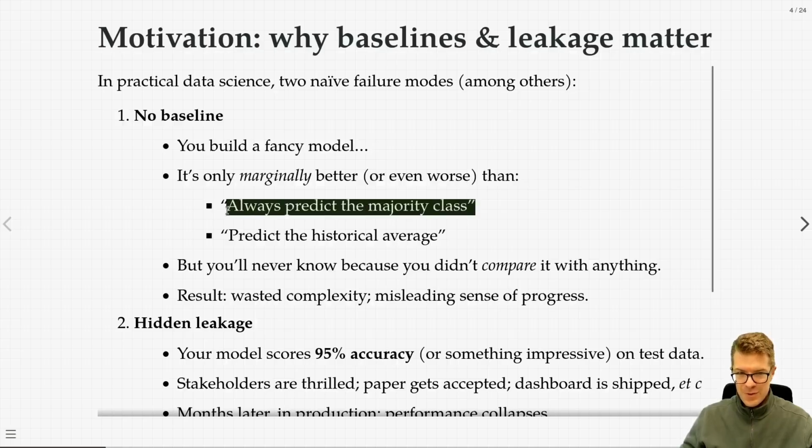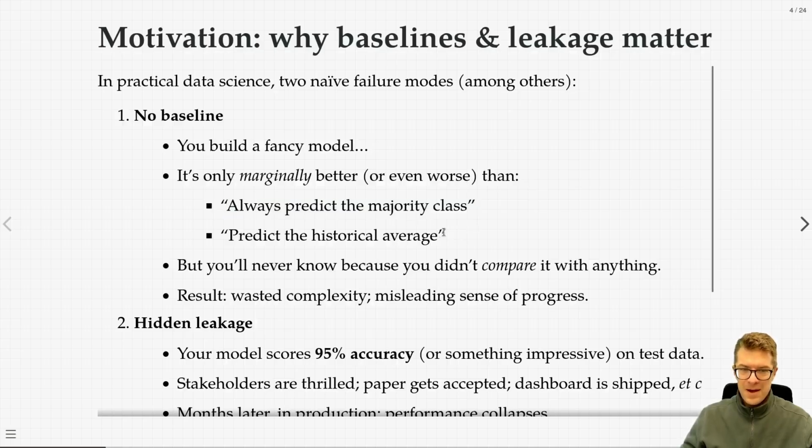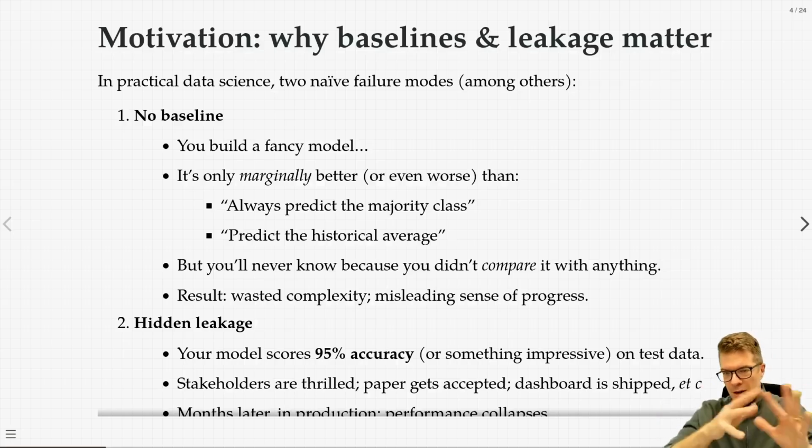Here I have two of the most naive baselines possible. If you're doing classification, you can have a couple of different categories to which a particular data point can belong. And as we talked about last time, classification is just choosing from among these possible types, categories, labels, classes, however you want to call it. Imagine there's some incongruity in the proportions of how often each of these categories appear in your training data, and whichever one is the most frequent.